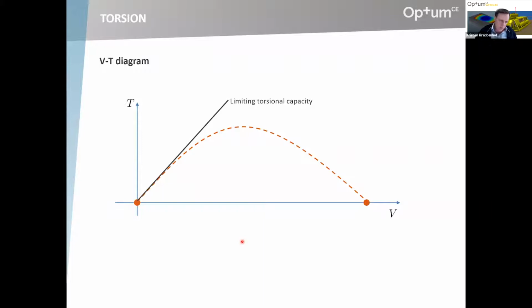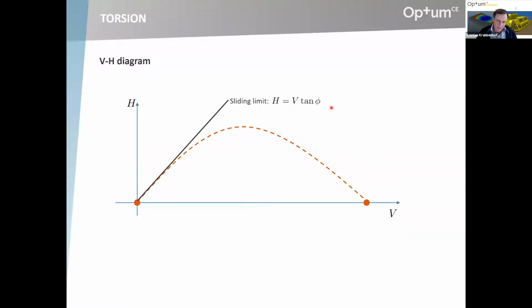And then we can look at, let's say, just from a purely mathematical point of view, the asymptote of this envelope down here at the origin. And the idea that there is some sort of limiting torsional capacity, again, in analogy with the sliding limit that we have for VH loading. So for a combination of horizontal and vertical loading, we know that we have a limit here.